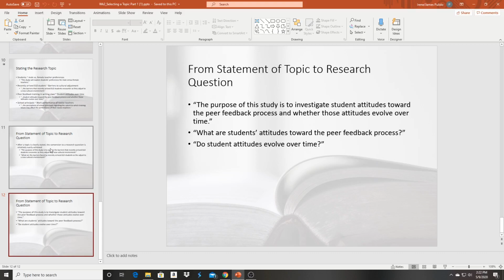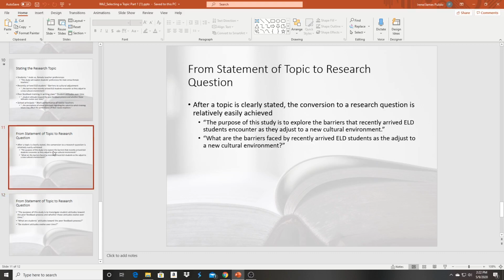So let's look back. A topic is clearly stated. The conversion to a research question is relatively easily achieved. Let's look at this one specific example. The purpose of the study is to explore the barriers that recently arrived ELD, English language developed, students encounter as they adjust to a new cultural environment. For business, I said foreign workers coming to a new country as they adjust, as they assimilate.